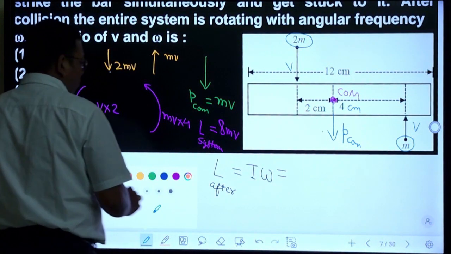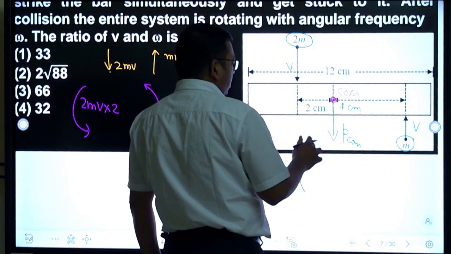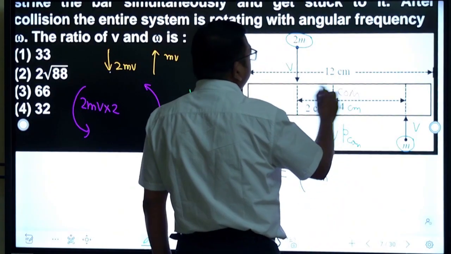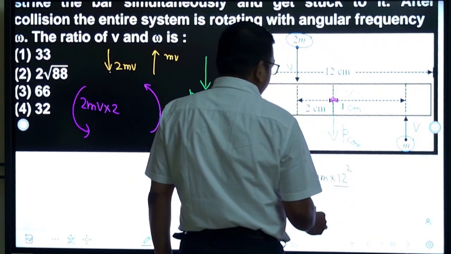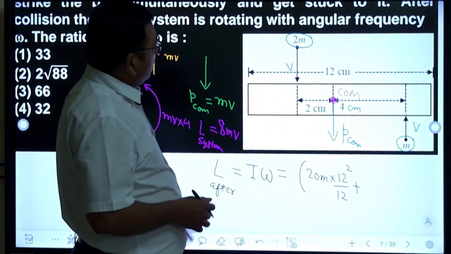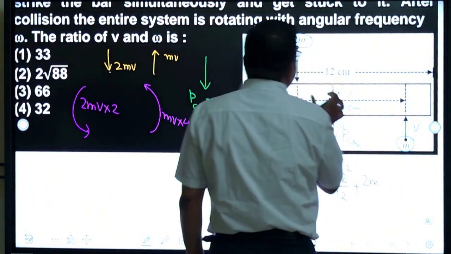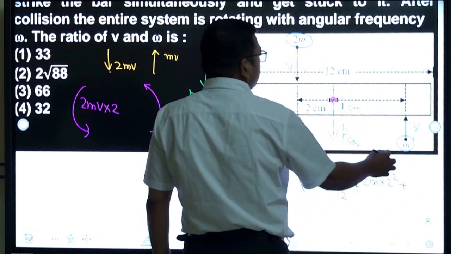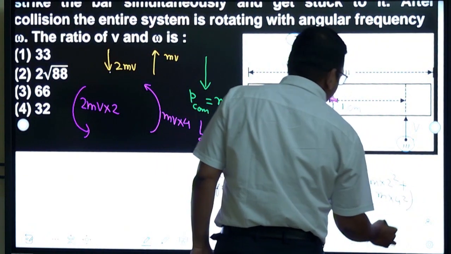So what will be the moment of inertia of this system? First of all, the rod: ml square by 12. M is 20 m, and the length is 12, so 12 square, ml square by 12, right? Plus, what about the I of these point masses? This is mr square. So 2m into distance 2 square, plus m into 4 square, into omega.